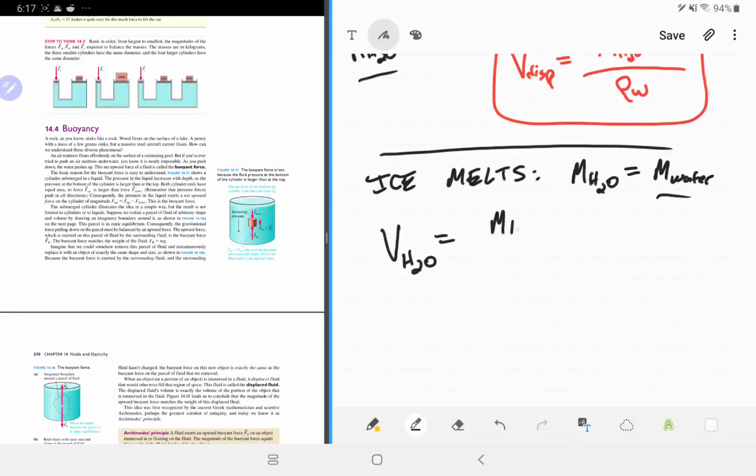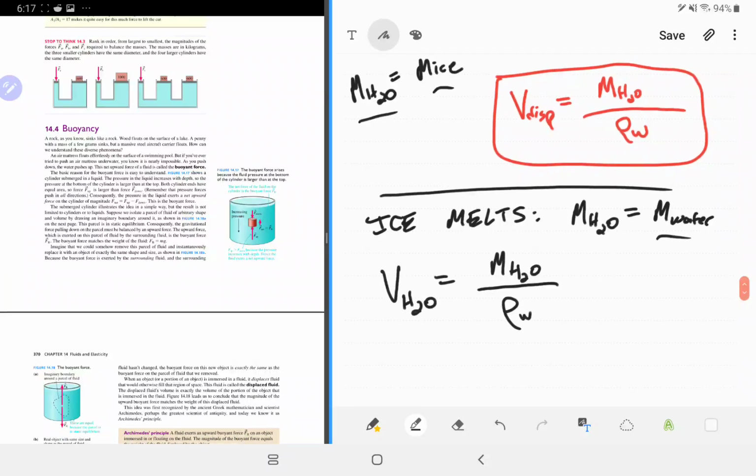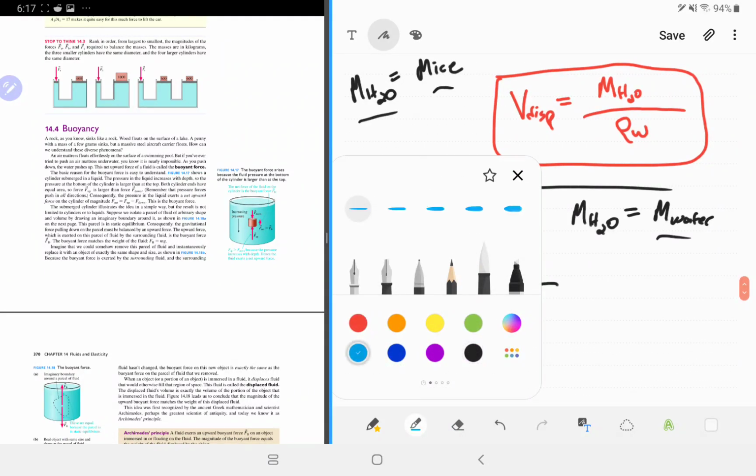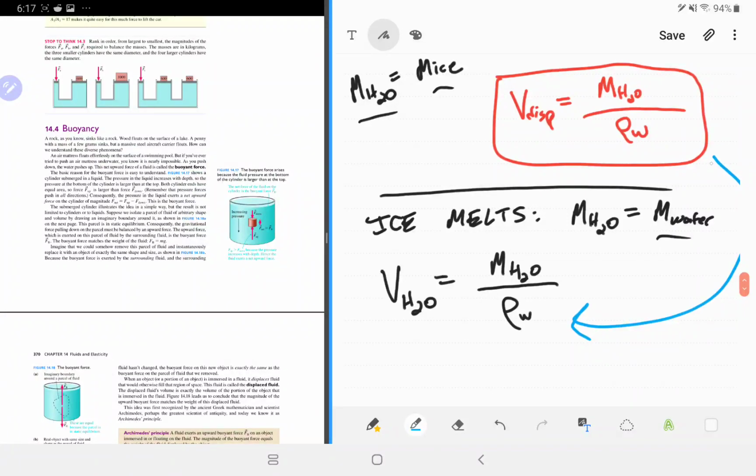Mass of the H2O divided by the density of the H2O, which is now water. See how the units work out? Mass divided by density, which is mass per unit volume, gives you volume. This is just a rearranging of density equals mass per unit volume. But see how this is exactly the same? So this and this are equal.